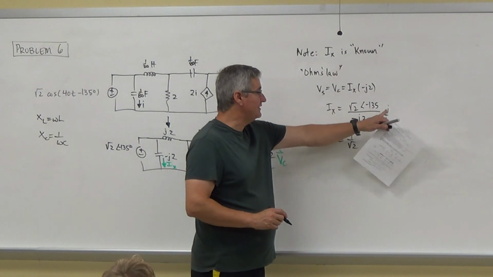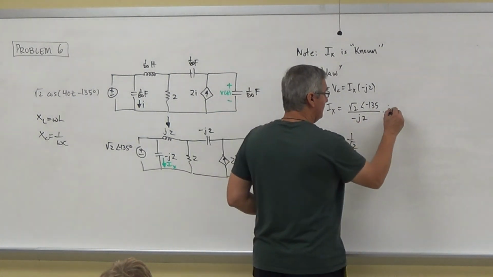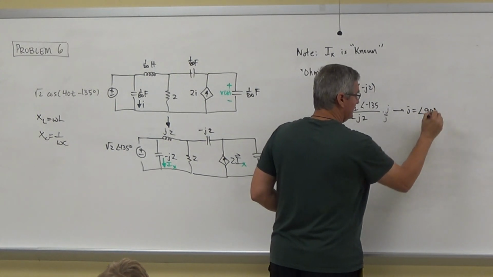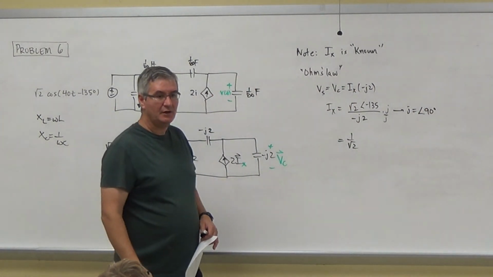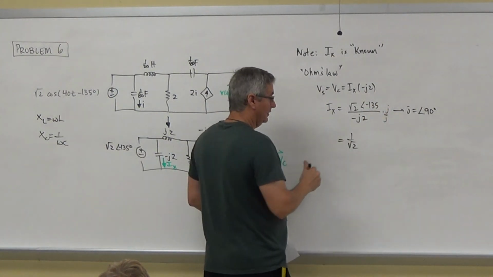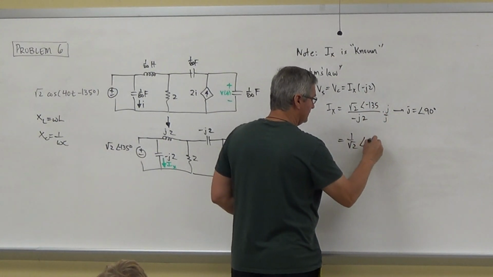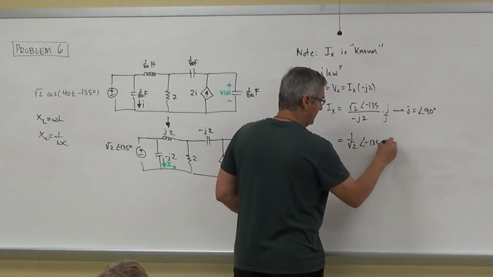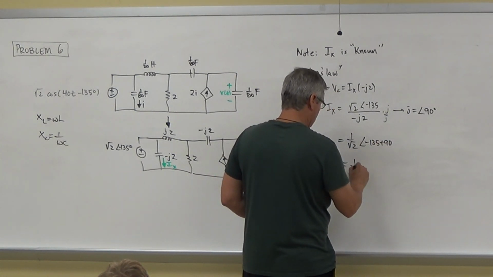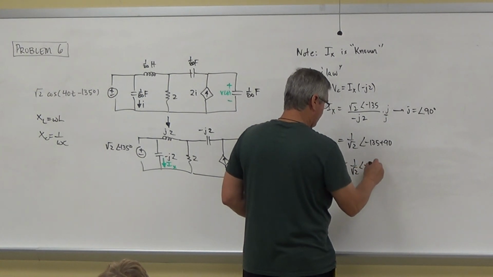I now have this J. Remember, J has a phase angle of 90 degrees. So what am I going to do? I'm going to bring that 90 degrees right into here. So then that means it's this 135 plus 90, minus 45 degrees.